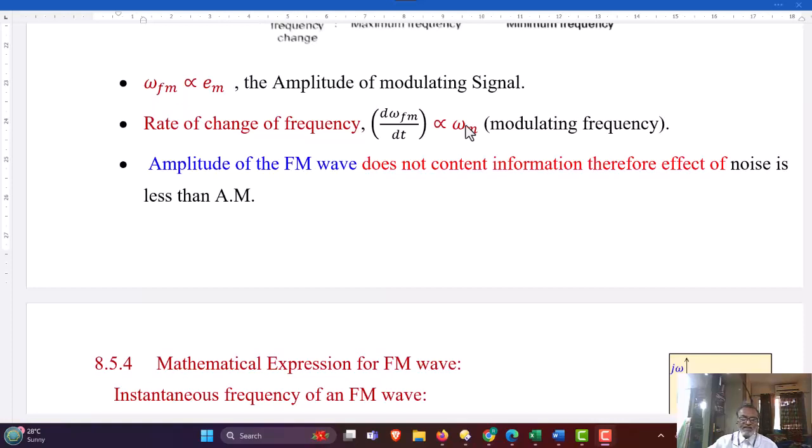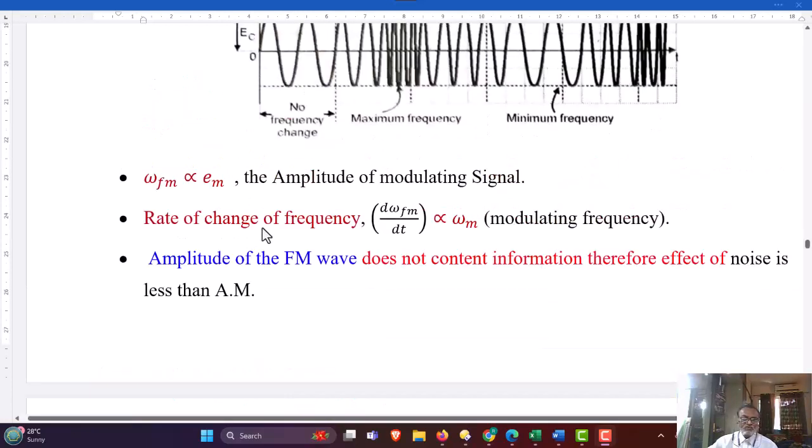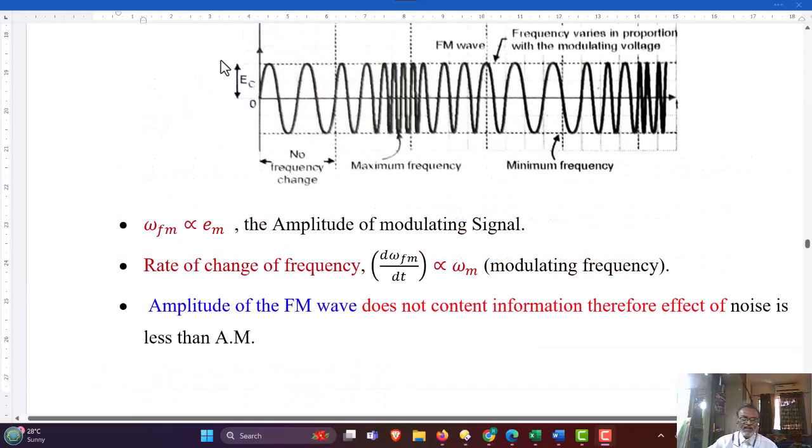It means that if the modulating signal is changing faster, the frequency of the modulated signal is also changing at a faster rate. We also note from the waveform that the frequency modulated signal amplitude remains constant. The information is contained in the variation in the frequency.